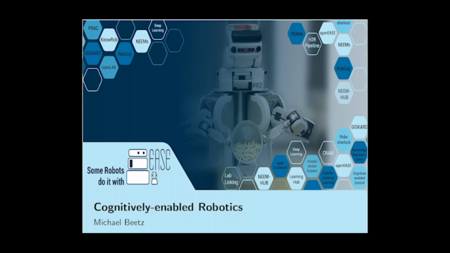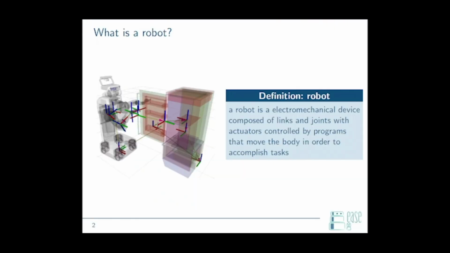And so when we are talking about cognitively enabled robotics, we should first think about what is a robot. A robot is an electromechanical device. It's composed of links. Links are connected by joints.